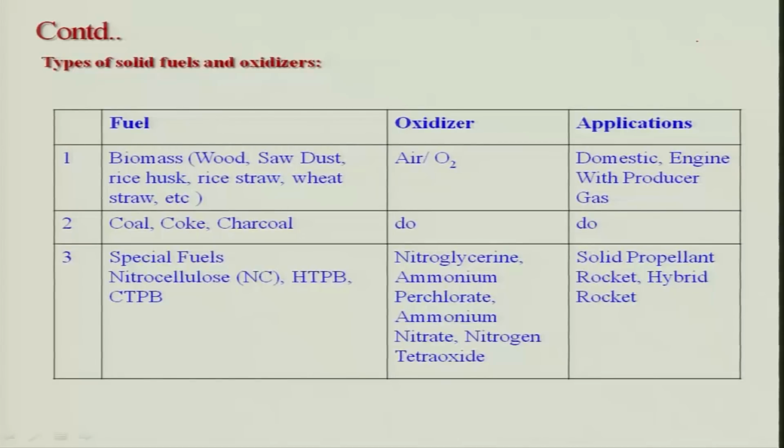So, types of solid fuels: if you look at biomass, there are several of them, wood, sawdust, rice husk, rice straw, wheat straw, and several others, right. Anything you can burn is used for domestic or engine application, because you can produce producer gas out of this biomass, and coke, coal, charcoal, you can use for the same application.